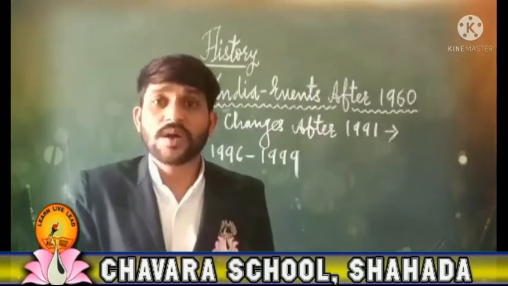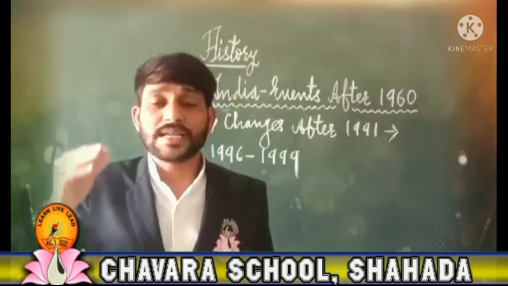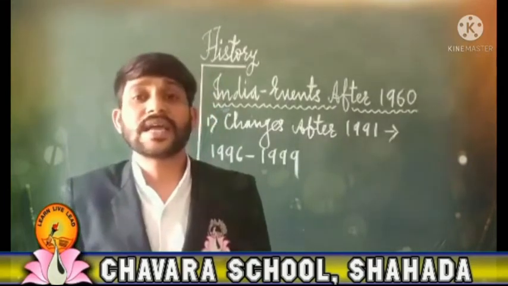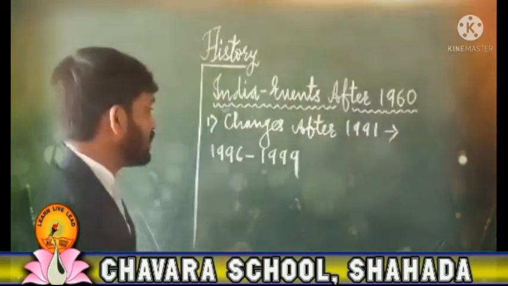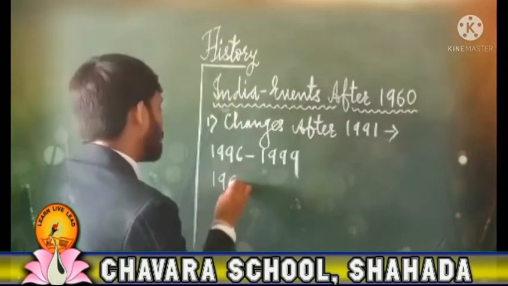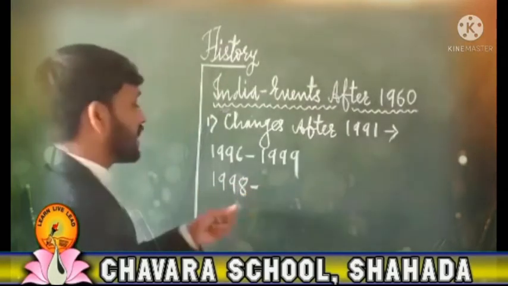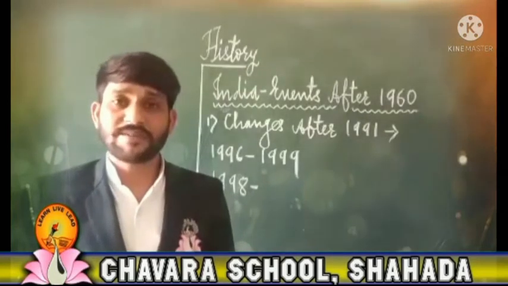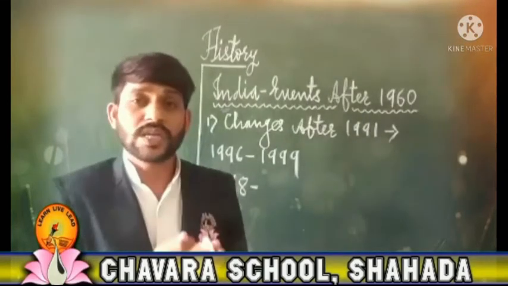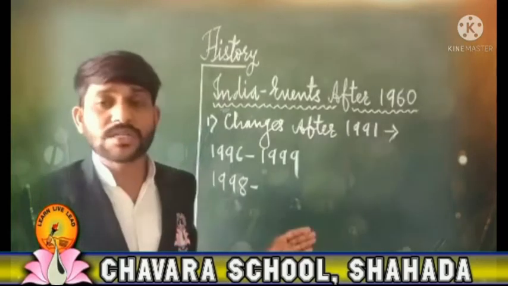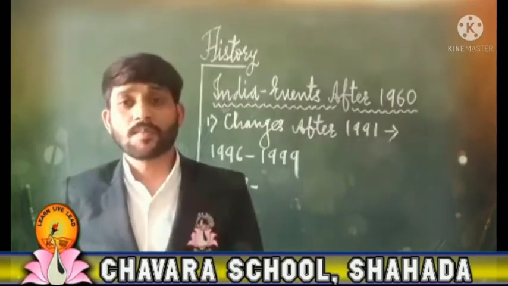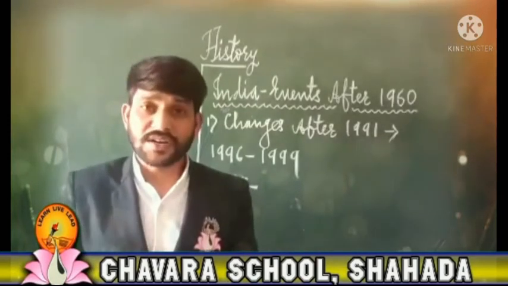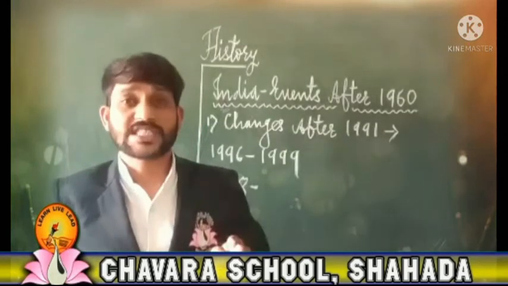India also carried out a second nuclear test in 1998. The first nuclear test was in 1974 at Pokhran. The second test was also carried out at Pokhran, and the country declared itself an atomic power.